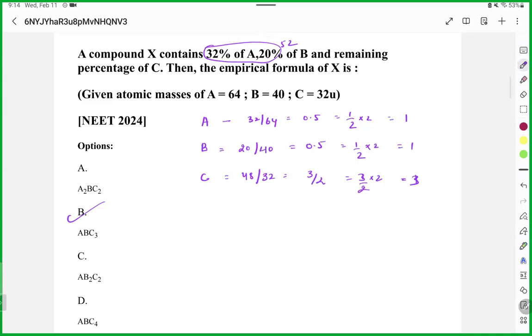Any doubt, Amrita? First, write the percentage given. Then divide by the molar mass. Get moles and take the simple ratio. The last value is 3 times the first and second. Done.